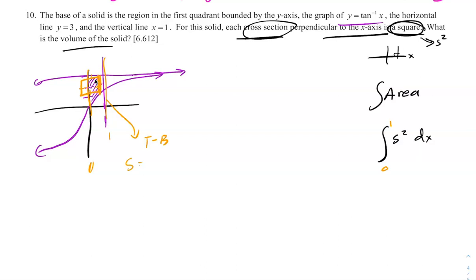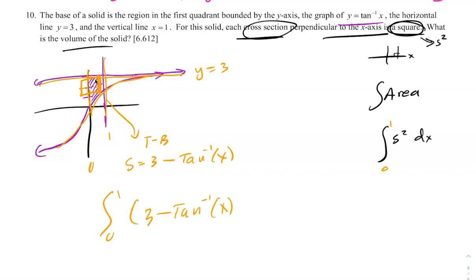To find my s, my top here is the line y equals 3. So 3. And the bottom is the tan inverse. So there we go. Plug it all in. 0 to 1 of 3 minus tan inverse of x squared dx.